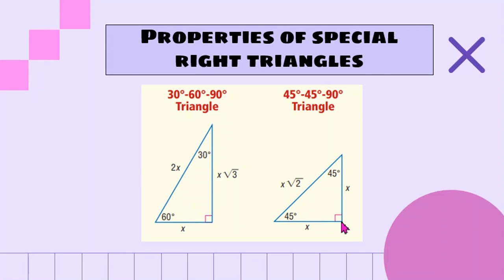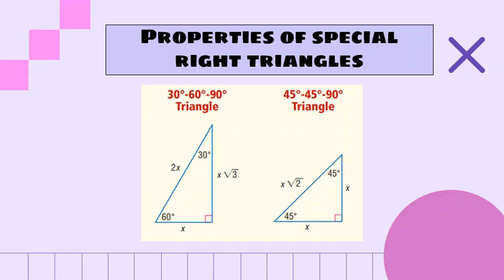And if there's a right triangle and another 45-degree angle, of course, the third angle will be 45 degrees. That is true because the sum of the interior angles of a triangle is 180 degrees.